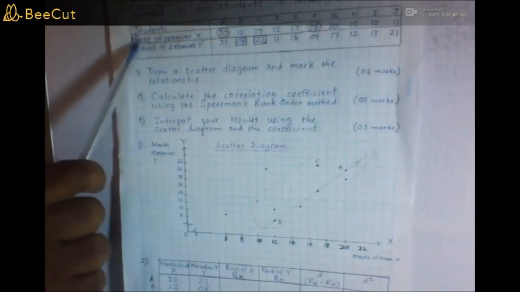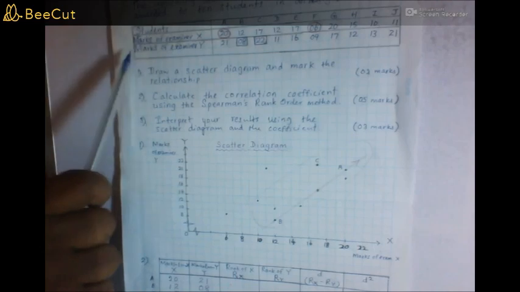Okay. When drawing a graph, there are two axes, x-axis and y-axis. And they have given you two sets of data, marks of the examiner X and marks of the examiner Y. So how can you decide which set to take on the x-axis and which one to take on the y-axis? Usually on the x-axis we take the independent variable, and on the y-axis we take the dependent variable.